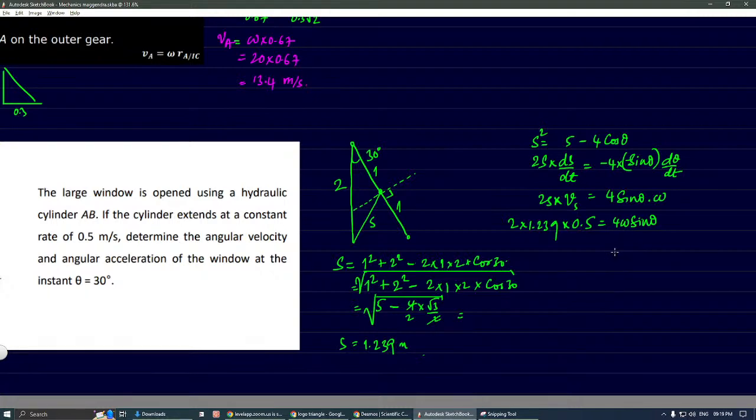Okay, so now simplify this, cancel, simplify, and we can find velocity. Which velocity? We can find omega. Omega equals, this 2 cancels with this, 1.239 into 0.5 divided by 2 sine 30. No, theta is 30. Find omega now.